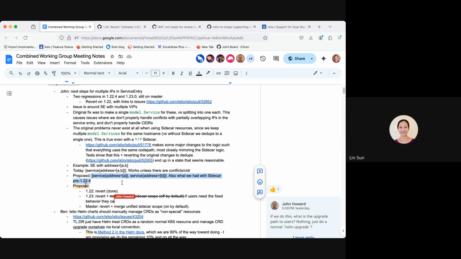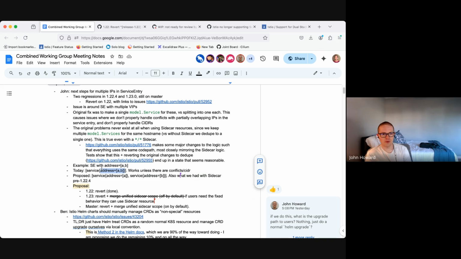I guess the other question is, because I don't fully understand the history, do we see any drawbacks with the proposed approach, and why didn't we use it in the first place, using two addresses together for one service? Oh, this is not something that was explicitly designed.